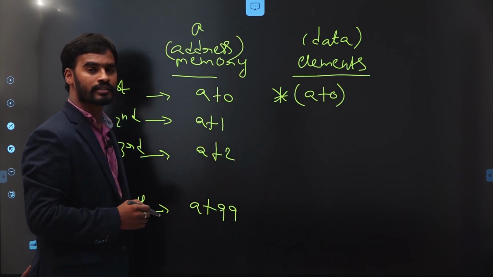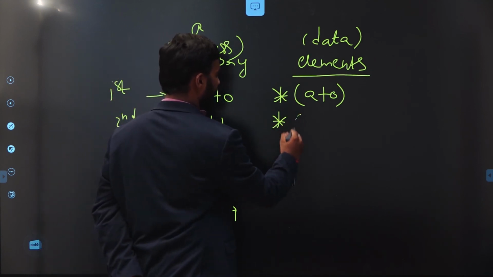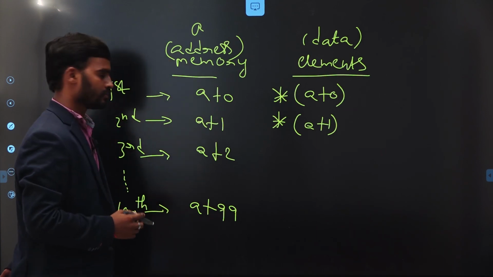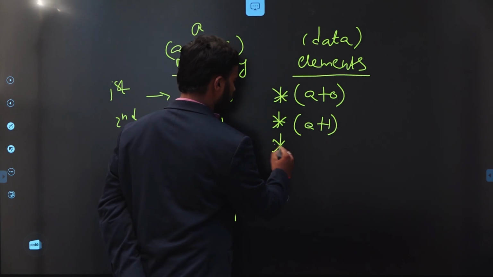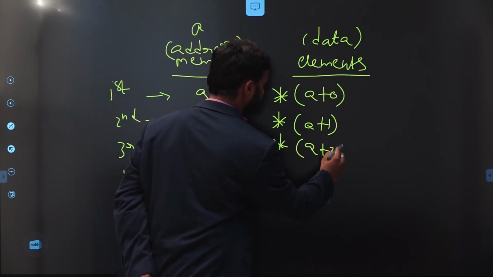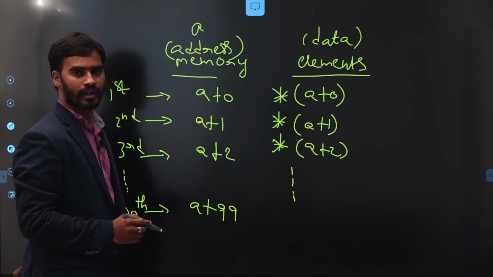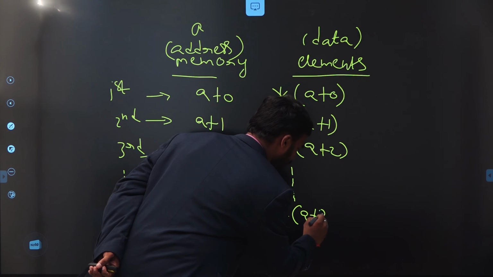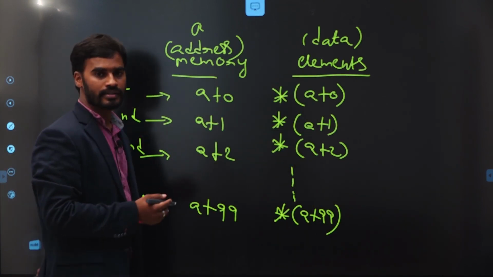How to access the value at the second element? Value at A plus 1. How to access the value of the third block? The value at A plus 2, and so on. How to access the element at the 100th block? Value at A plus 99. This is one way of accessing the elements.